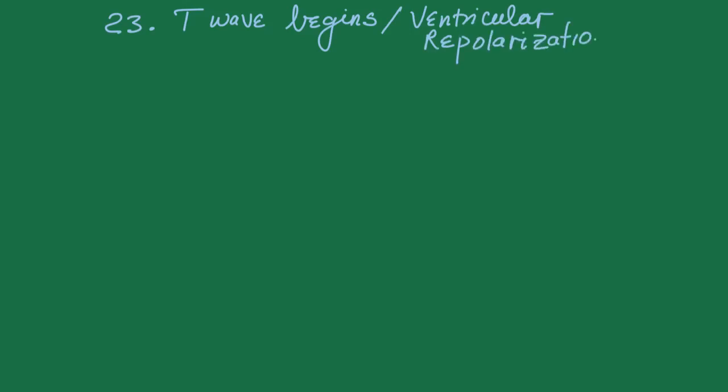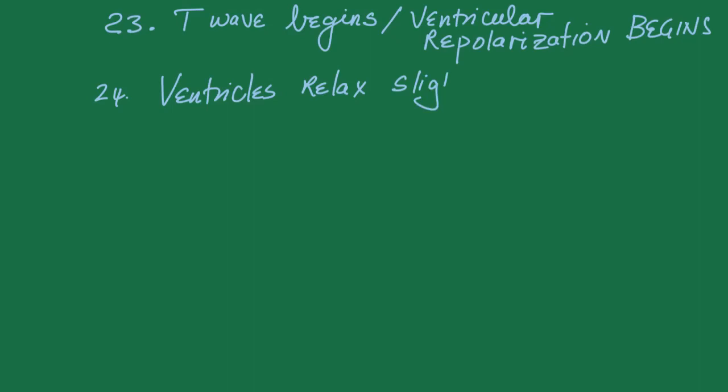The T wave just begins, which means ventricular repolarization begins. Ventricular repolarization will be followed by ventricular diastole or ventricular relaxation, but this also happens very slightly because the T wave just began.